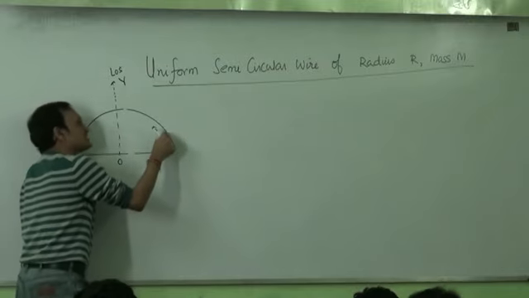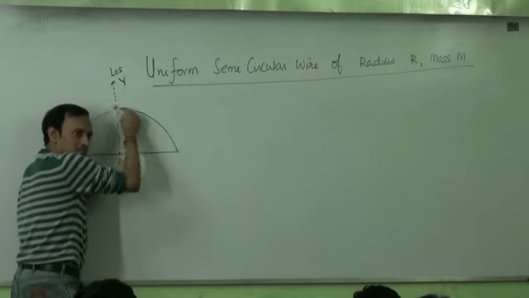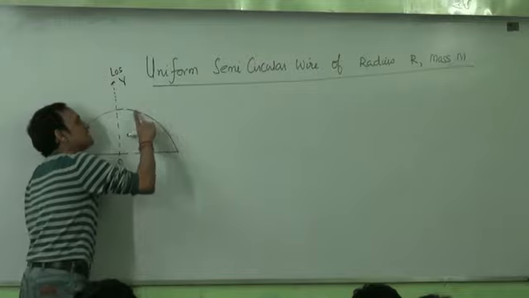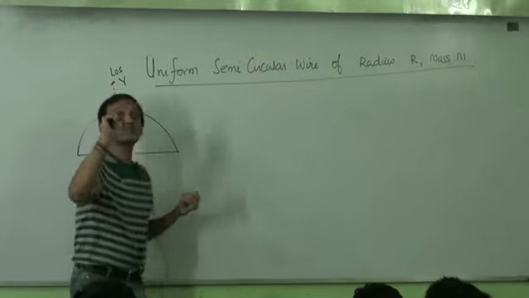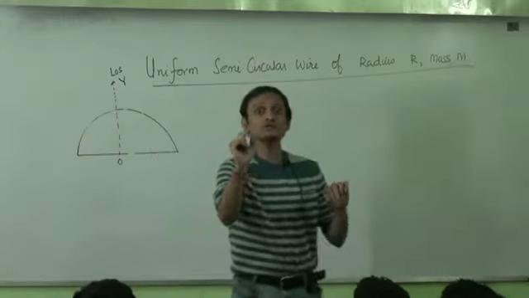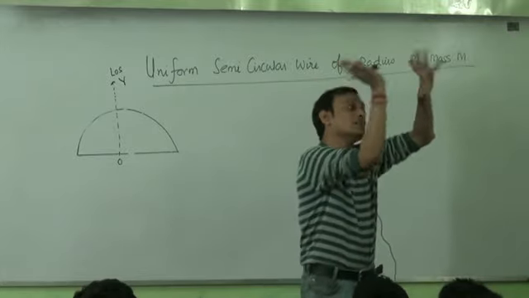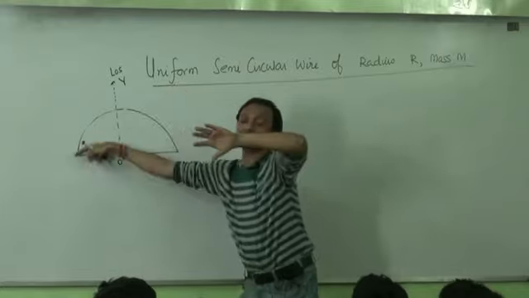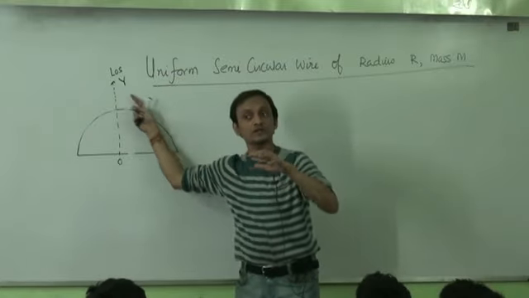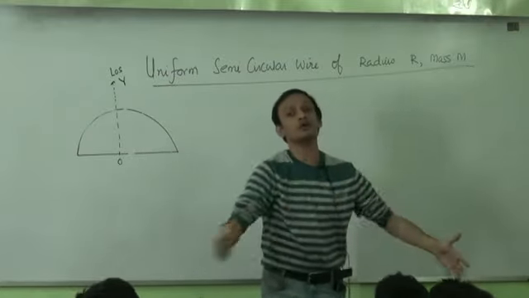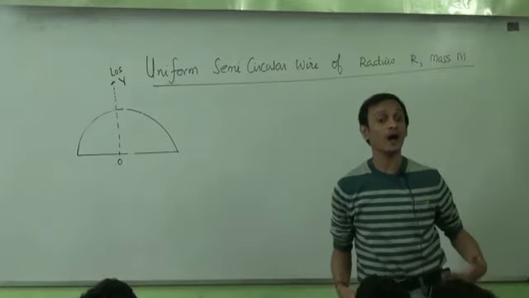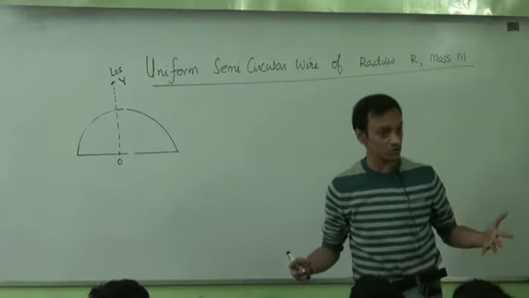Now there are different mass elements along the wire, and different mass elements have different y-coordinates. I select a mass element times the y-coordinate of the mass element, and I do that for all the mass elements that are included in the semicircular wire, and divide by the total mass of the wire. That will give me the y of the center of mass of this semicircular wire, right?